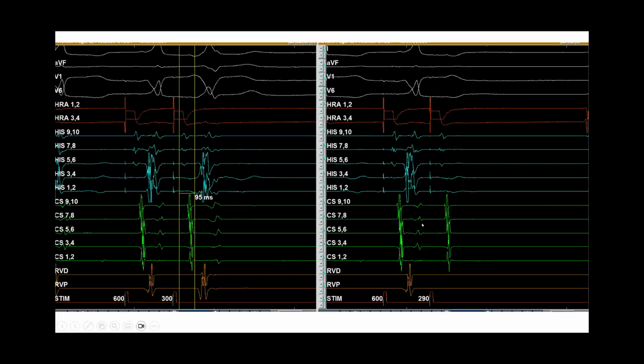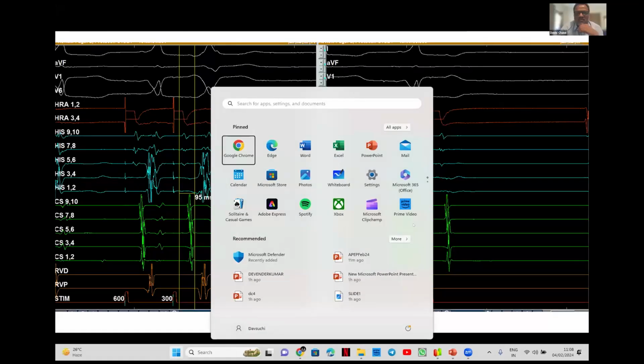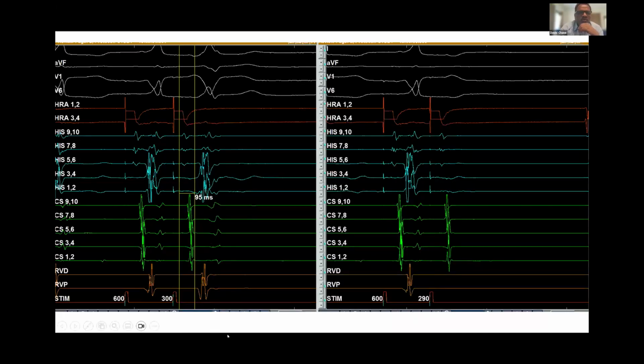Is that visible? No, it's not come yet. Yeah, now it's come. Okay, there's a lag. So we are ready to go now. You could just choose the laser. Perfect, sir.